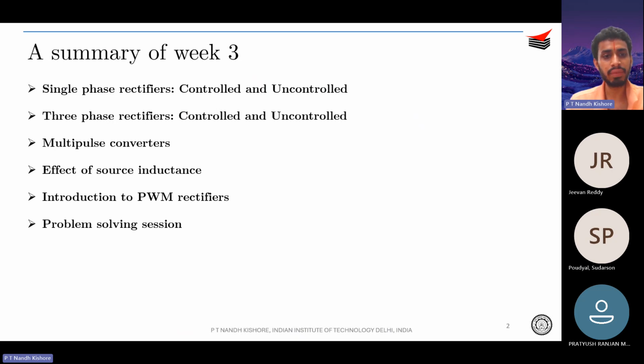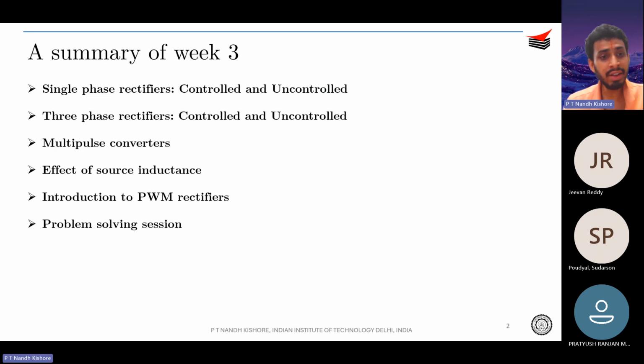And then you also briefly saw the effect of source inductance and how it impacts the output voltage of the circuit. With the variation in source inductance, what happens to the dip in the output voltage? And you, of course, know that there is an overlap angle that comes into play due to the source inductance. So what would be that overlap angle for different kinds of converters, for single phase as well as three phase converters, right?